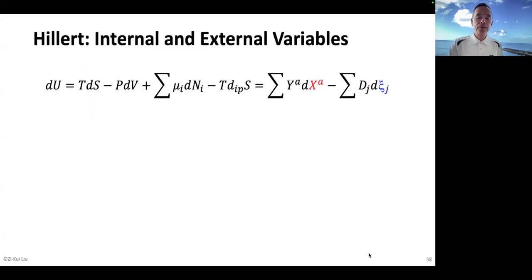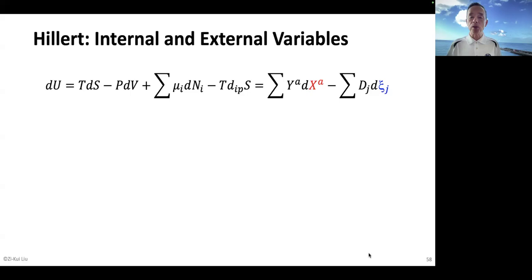Okay. So let's look at the combined law in terms of internal energy. As I mentioned before, Hillert combined the first three terms into one summation Y_A dX_A. Y_A represents the potentials, X_A represents molar quantities.